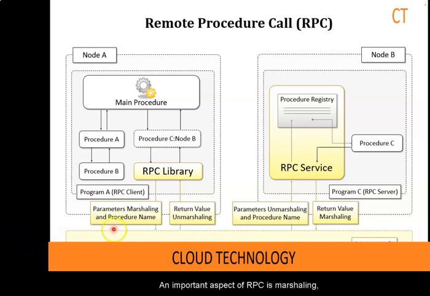An important aspect of RPC is marshalling, which identifies the process of converting parameter and return values into a form that is more suitable to be transported over a network through a sequence of bytes. The term unmarshalling refers to the opposite procedure.